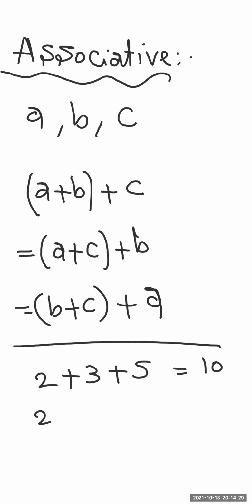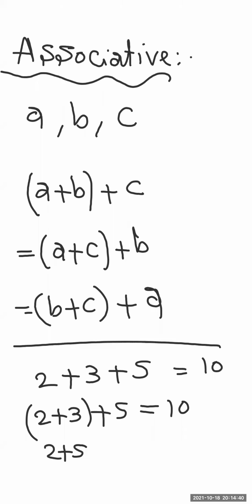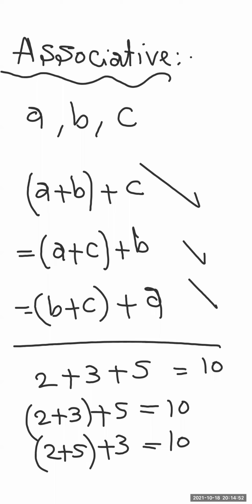If I group 2 plus 5 first, 7, then plus the remaining one, which is 3, also 10. So all are correct, right? So that one is the associative property. Okay, guys, is it clear?